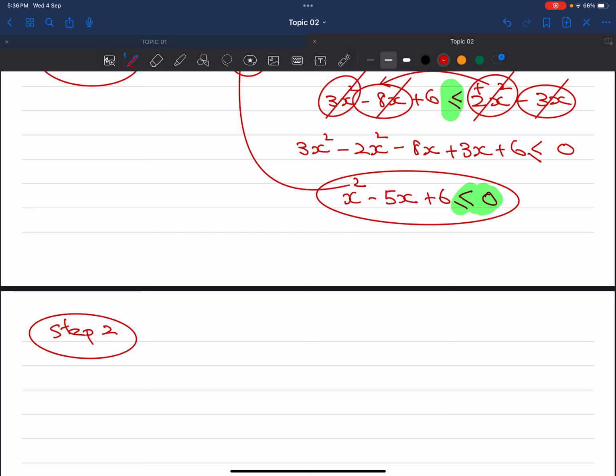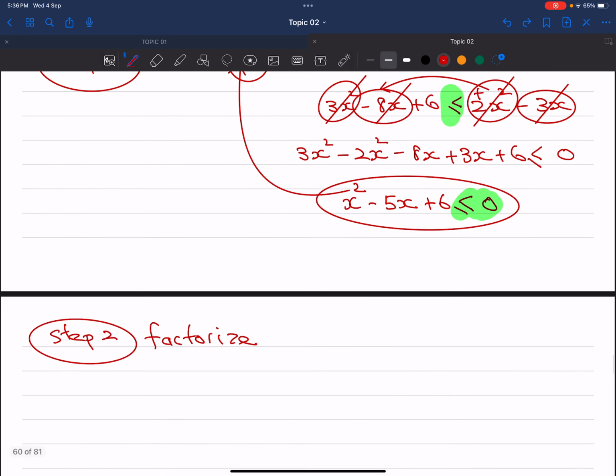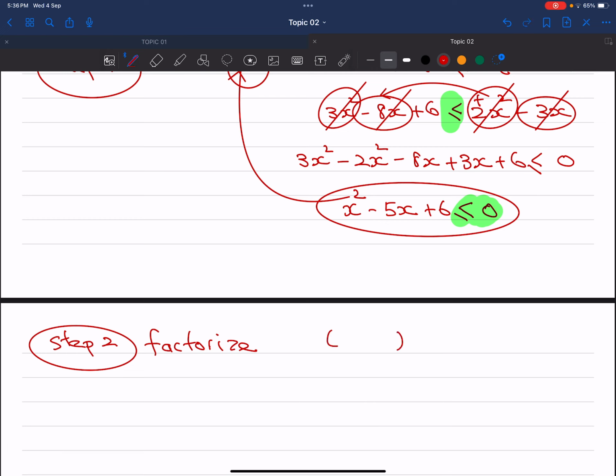Step 2, we must factorize the expression. Of course, factorizing, you can do it with your calculator.